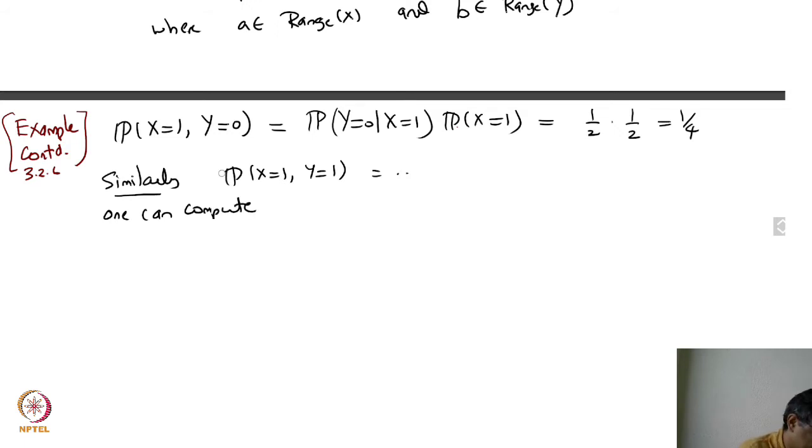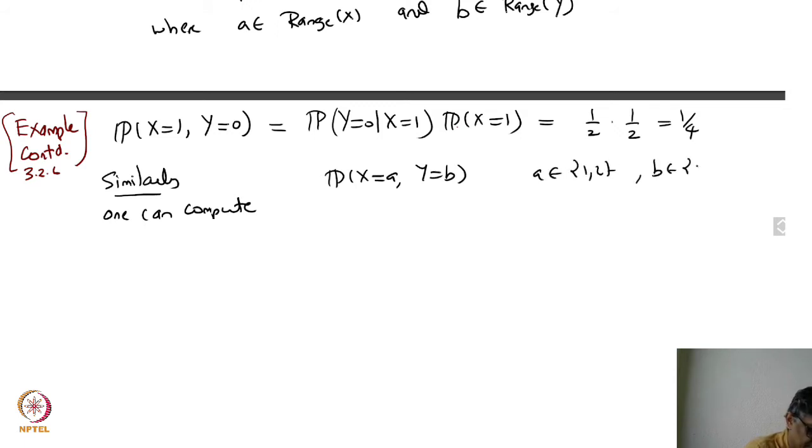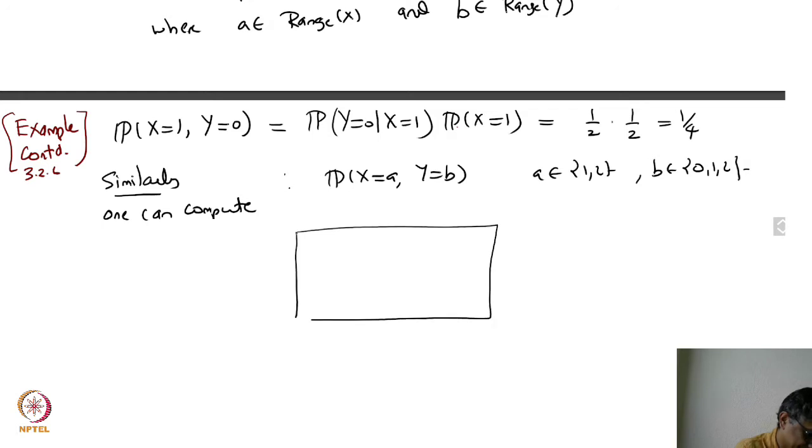So one can compute the chance that x equal to a, y equal to b, for a in 1, 2 and b in 0, 1, 2, because that's what y takes. Once you do this, you end up with a table.